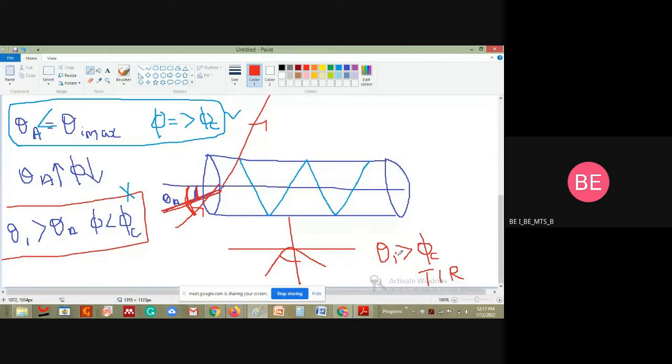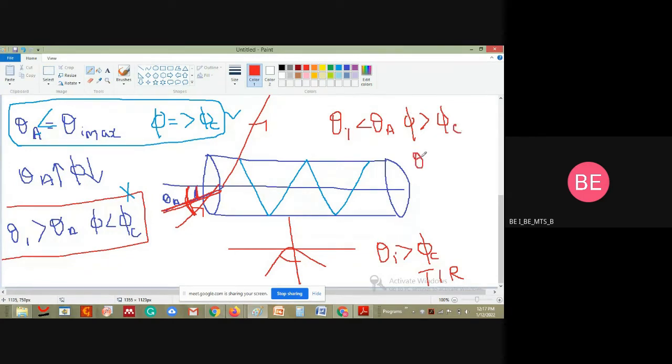Similarly, how will you define theta A? It is the maximum angle below which total internal reflection happens, right? So when theta I is less than theta A, phi will be greater than phi c, right? So this is the condition for total internal reflection.